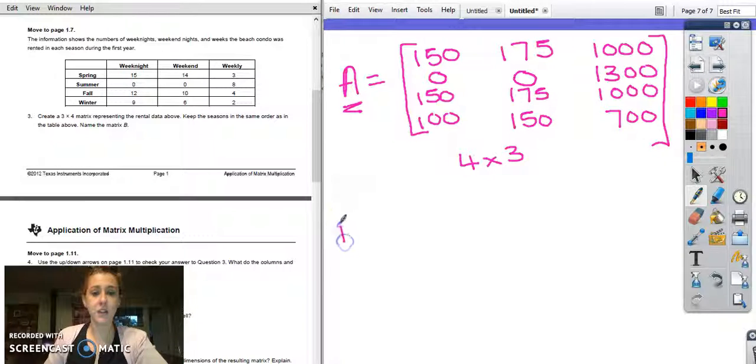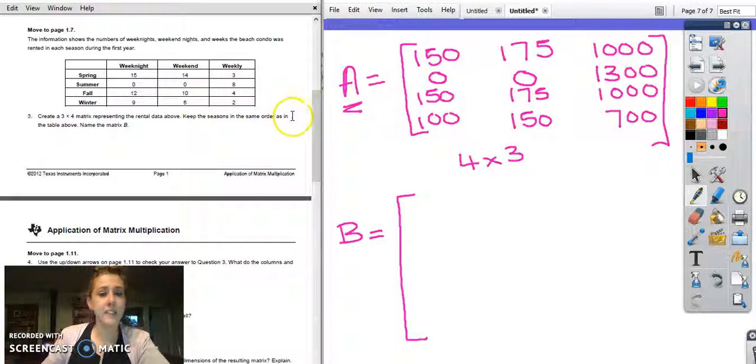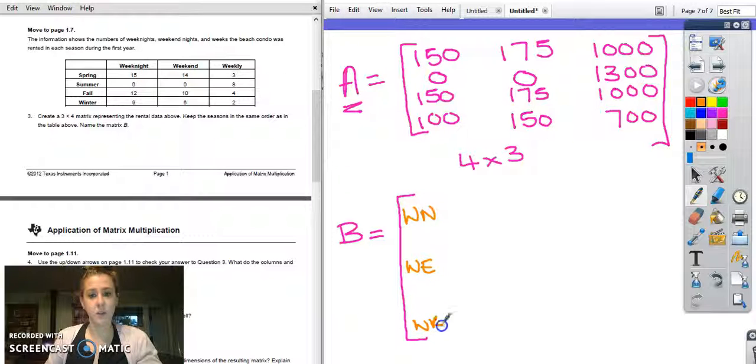So we actually have to work on the data a little bit. It's asked us to keep the seasons in the same order. So I'm going to actually write in the seasons so that I can make a bit more sense of it. Because I know that I'm going to need 3 rows, I'm thinking that it's going to be weeknight in row 1, weekend in row 2 and weekly in row 3.